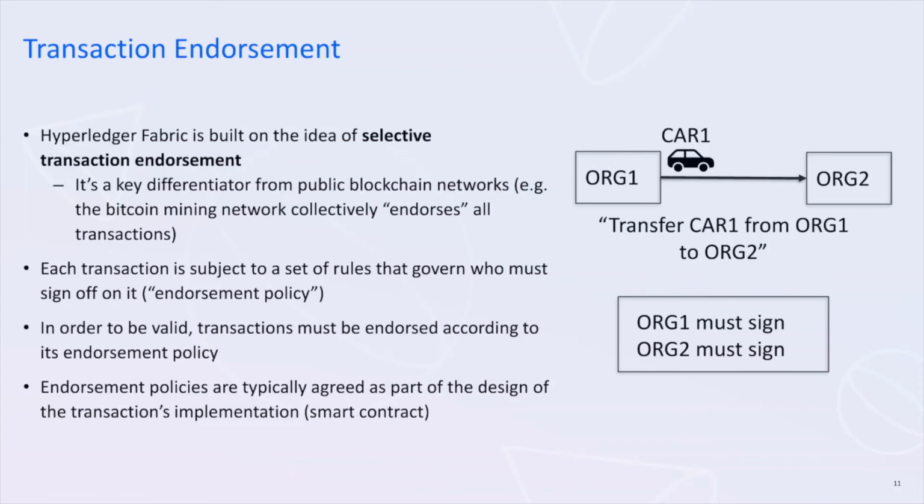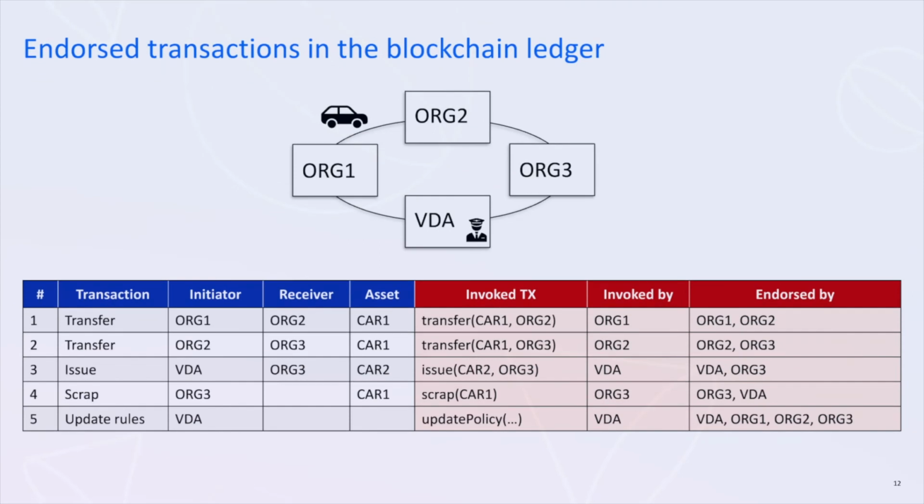When you transfer a car from one org to another, say org 1 to org 2, both org 1 and org 2 should sign the document. That is the transaction endorsement in this case. Let's take this example further and try to understand how endorsed transactions get into the blockchain ledger.